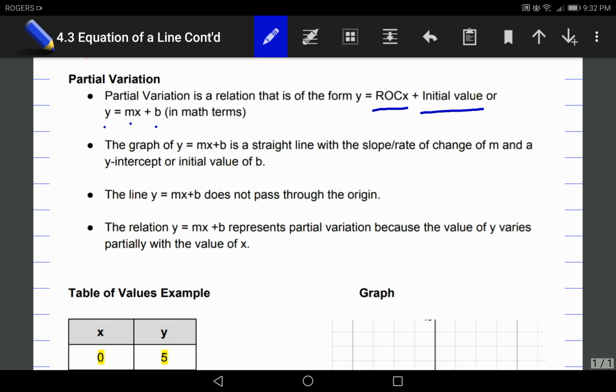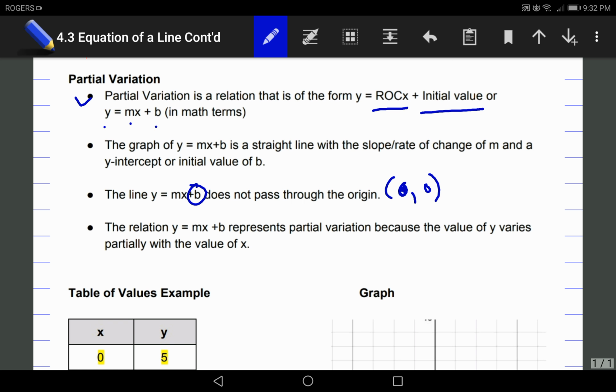Okay, so there would be a b value there. Okay, it does not pass through the origin. If there's a b value, it will not pass through 0, 0. It just won't, because of that b value. So the graph is either going to be moved up or down from that origin.